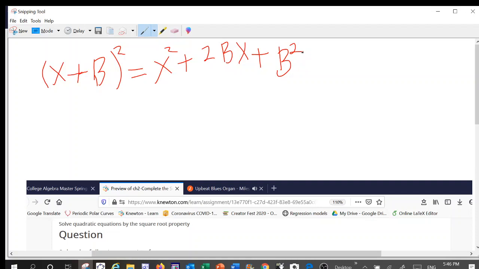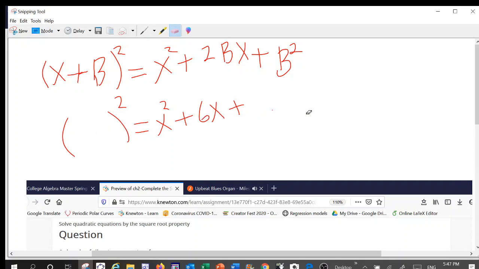Now, if we have something, let's say x squared plus 6x, what should I add here so I can write this as something squared? That's called completing the square. So basically completing, because this is not complete, something is missing here. If we have a number here, then we would be able to write it like this. Now, what is that number?